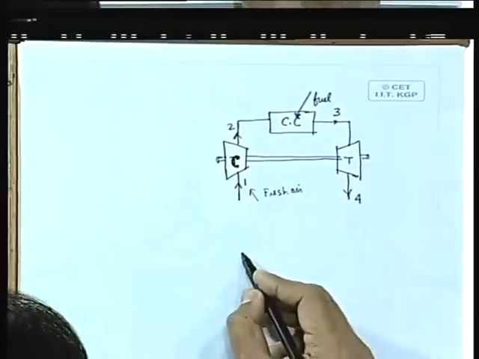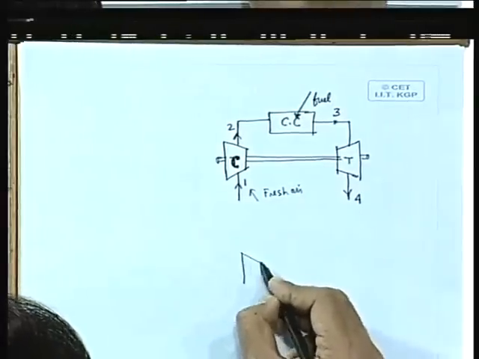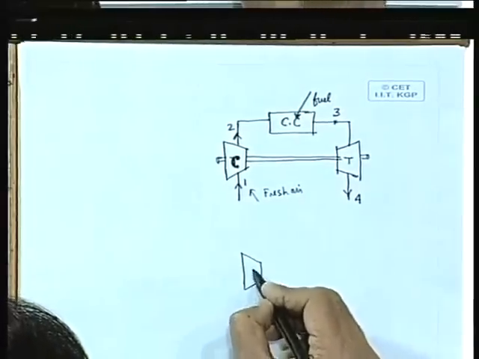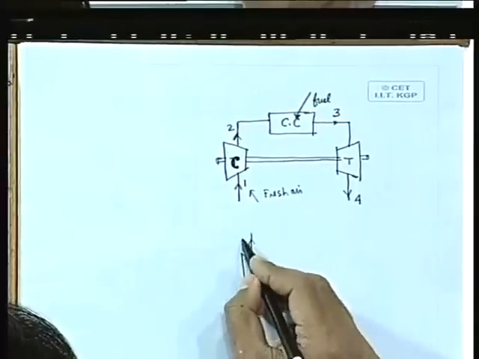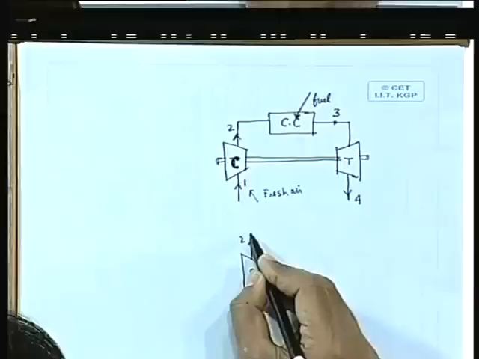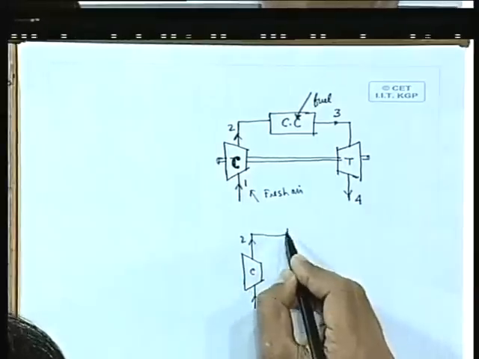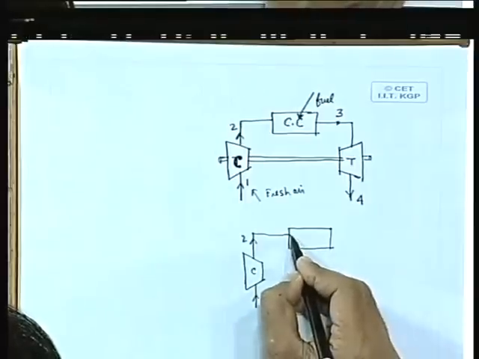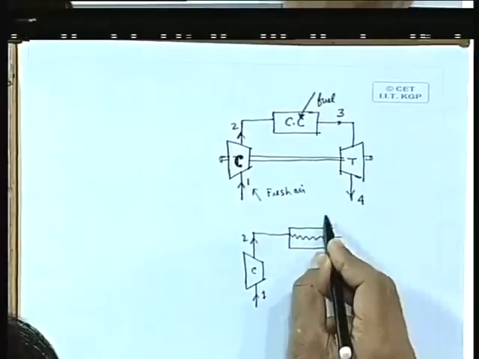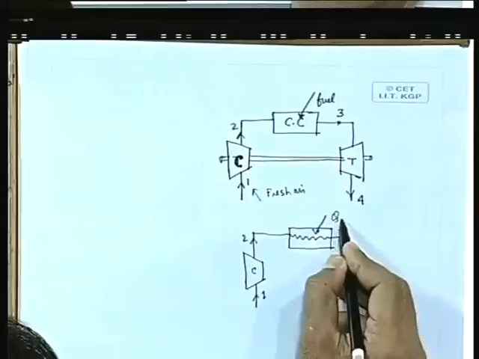This was the open cycle gas turbine. In a closed cycle gas turbine, the concept is like this: the compressor takes air at 1 and delivers air at a higher pressure and temperature, but the difference is that instead of a combustion chamber, there is a heat exchanger where the heating of this air takes place by an external heat source, that is, Q added.